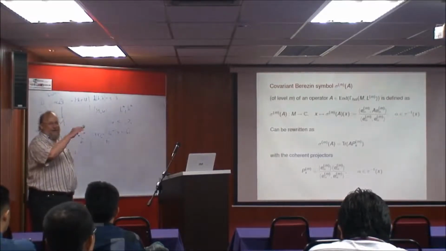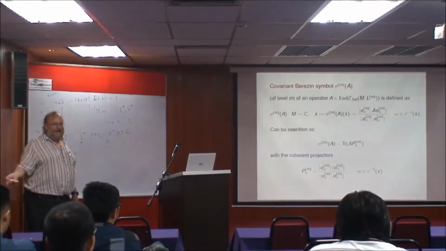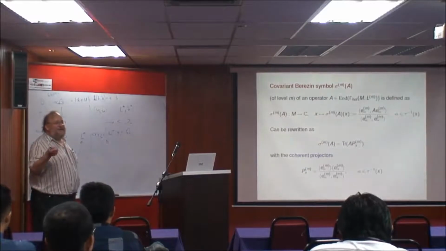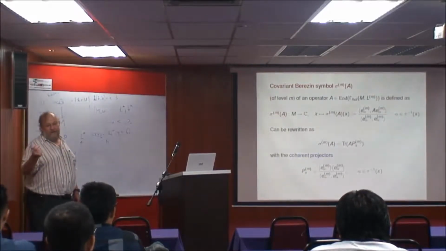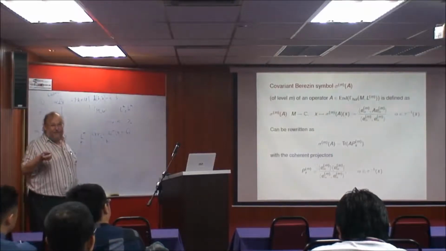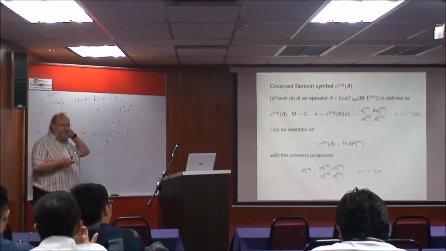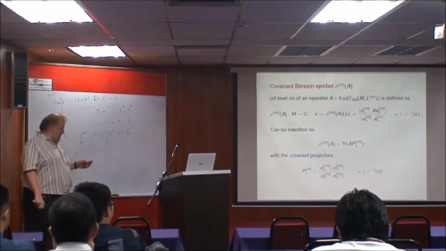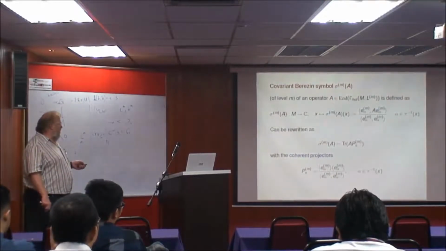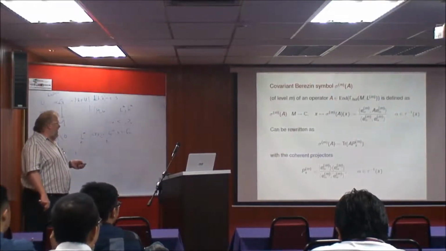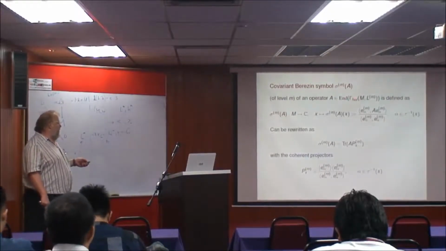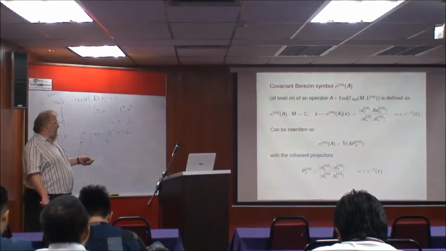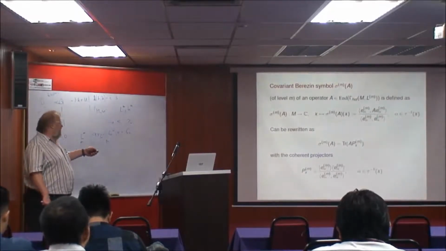So we have an operator, we want to assign to it a symbol, and maybe by studying the symbol, we will obtain some information about the operator. That's the idea why we do it. Operator means in this sense an operator from this holomorphic space to itself, so A and so on.